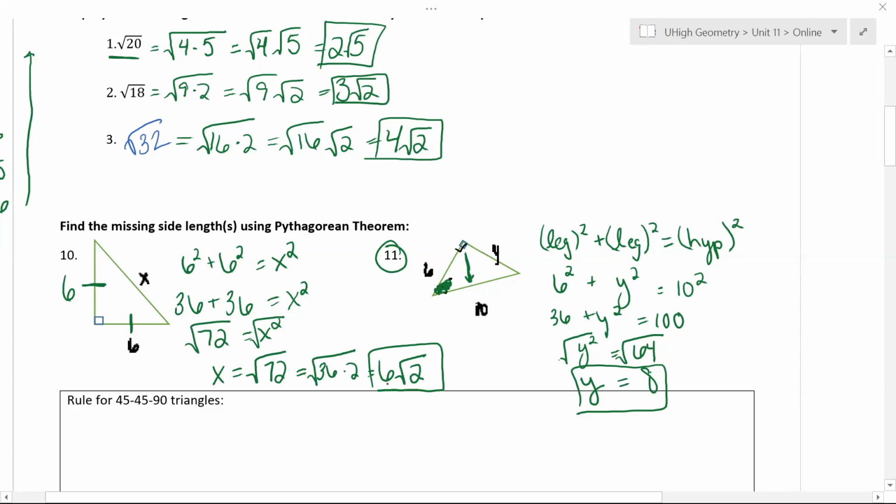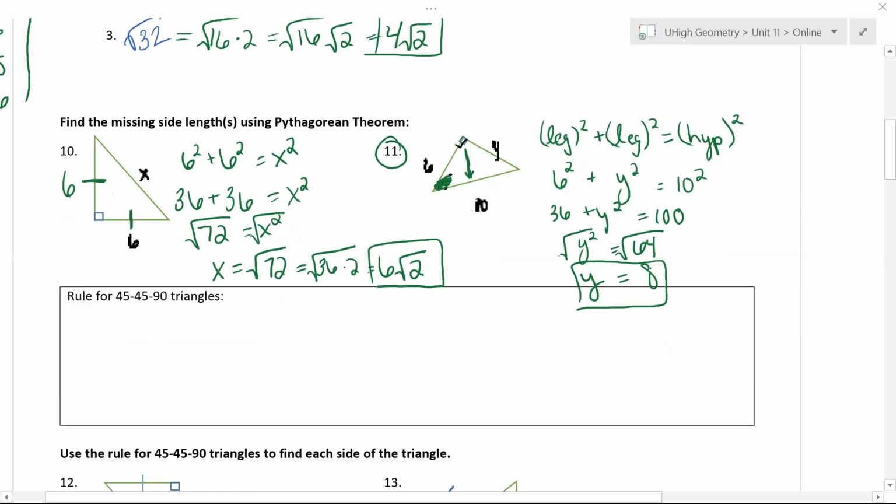So this one is actually really nice because hopefully what you guys noticed is that if I have a right triangle that is isosceles, that is going to be my 45, 45, 90 triangle.